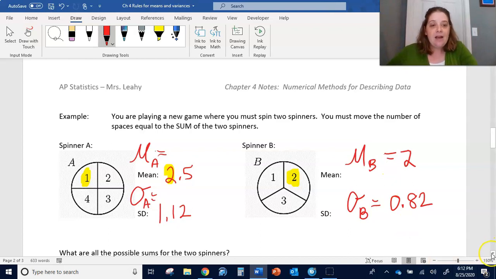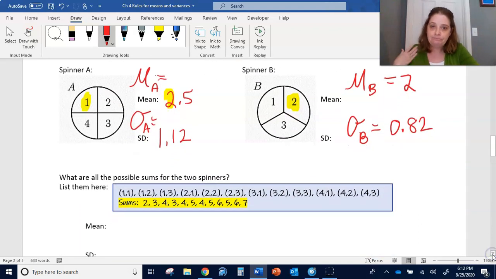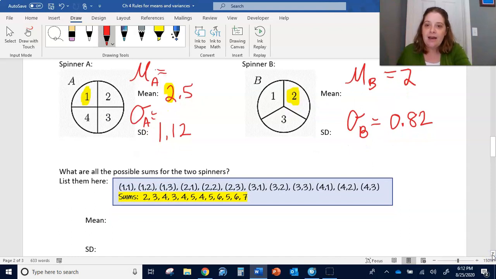Now, let's say I want to talk about just overall how you play the game. I'm supposed to spin the one spinner and spin the second spinner and add those together, and that's how many moves. So what are the different possibilities for the two spinners? I could have a 1 and a 1, a 1 and a 2, a 1 and a 3, etc. There are 4 ways to spin the first spinner and 3 ways to spin the second spinner.